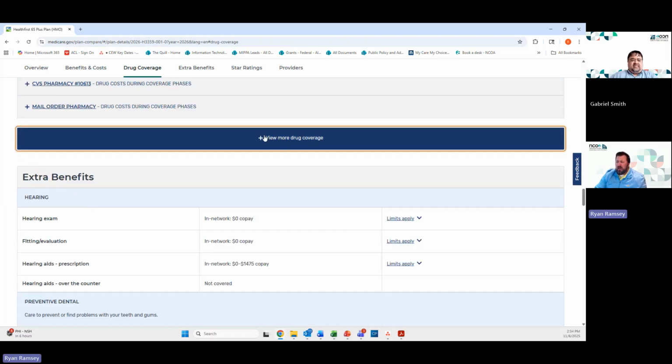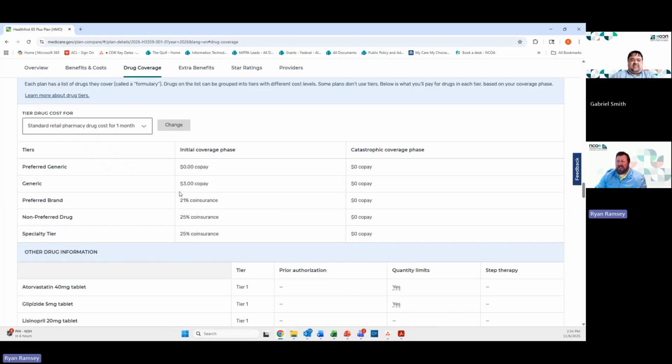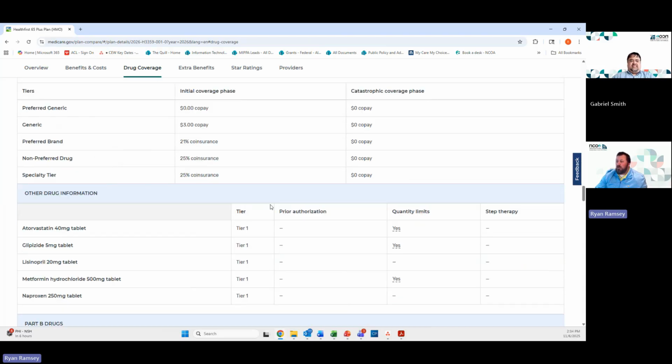You can also expand view more drug coverage to get some information about how much these would cost, given any particular changes in phases, what tier they are, whether they require prior authorization, whether they have quantity limits. This person's not taking a high number of any of these particular medications, therefore they're not really going to have to worry about some of these prior authorizations or quantity limits.